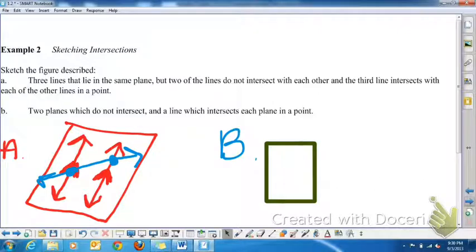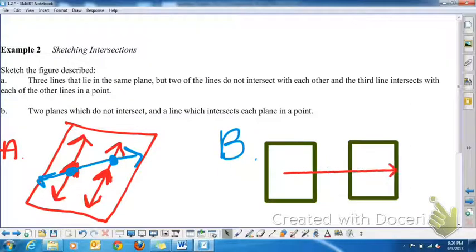But if I have one plane and then another plane, and if I have a line that goes through them, each in a point, it'd be kind of like this. If you can imagine if you had two pieces of paper that did not touch and you drove a pencil straight down through them. We'll talk about this example more in class.